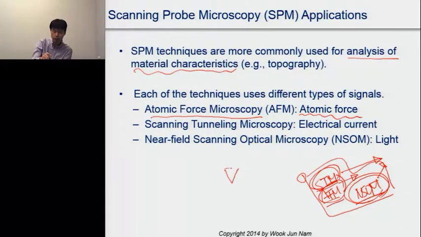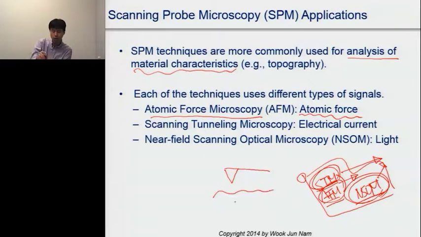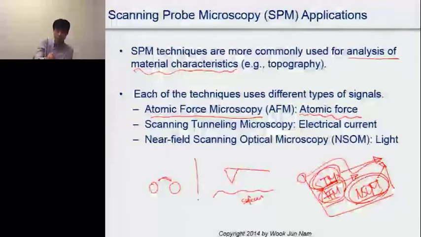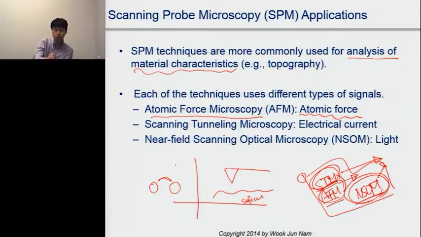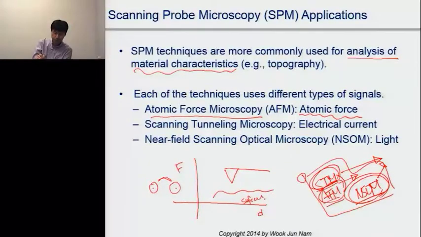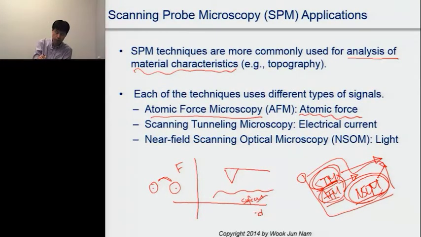between the cantilever tip and the surface of the sample. If there are two atoms present, depending on the distance between the two atoms, it has this kind of relationship. So this is the force and this is the distance. As the distance between two atoms gets closer, they attract each other.